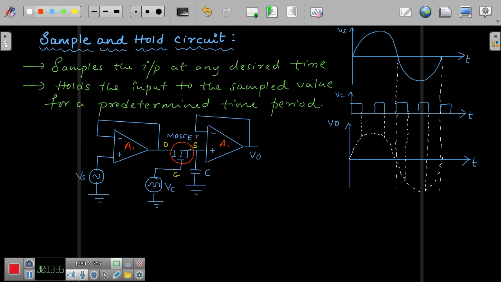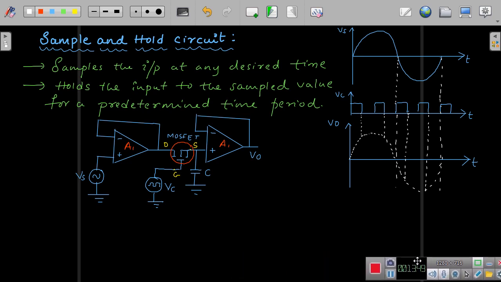Okay, now look at this circuit. Our idea here is to make sure that the input value is sampled at any desired instant and the value is held for a certain time before the next sampling instant occurs.